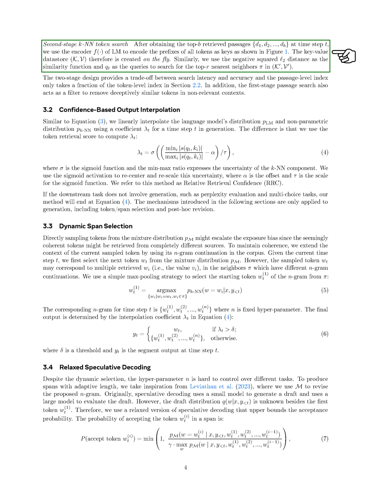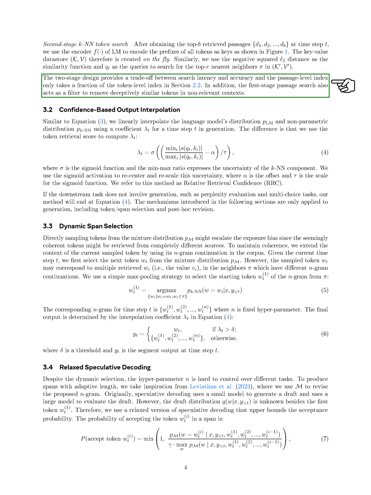In the second stage, after obtaining the top retrieved passages, we encode the prefixes of all tokens using the language model's encoder to create a key-value store on the go. We then search for the nearest neighbors based on similarity using the hidden state as queries. This two-stage design helps us balance search speed and accuracy, with the passage-level index being much more efficient than the token-level index.